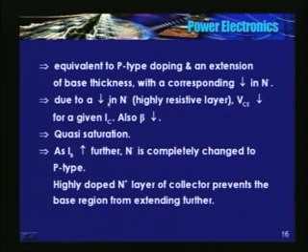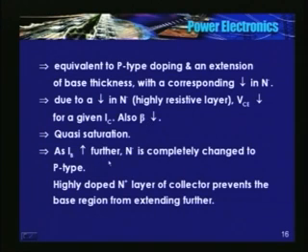Now, due to this decrease in n minus, because it is lightly doped, n minus indicates the doping level is low, it is a highly resistive layer, so VCE drops for a given IC. And this we know, as the transistor saturates, gain comes down.